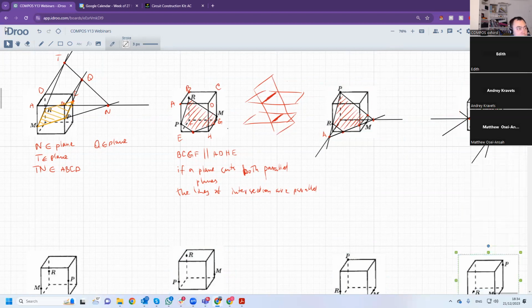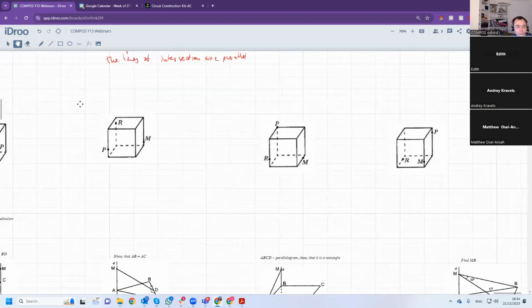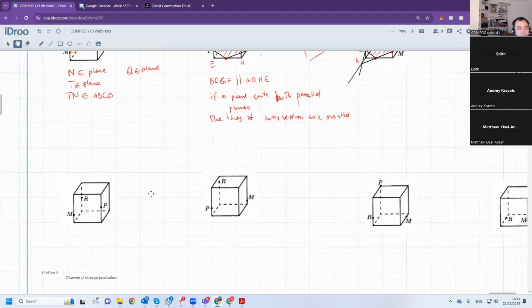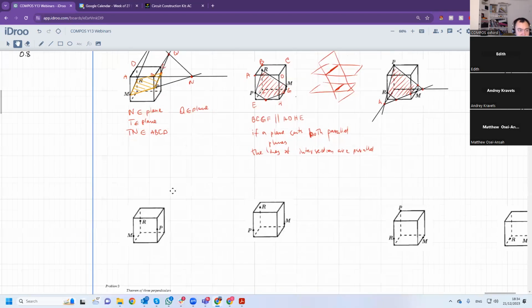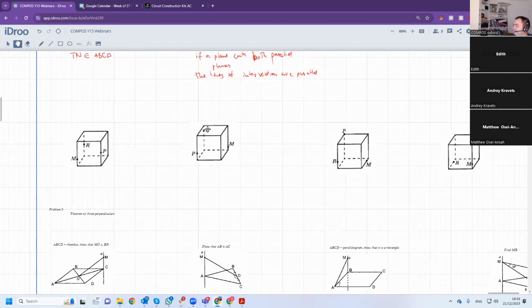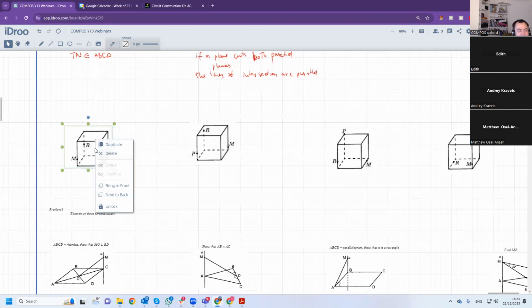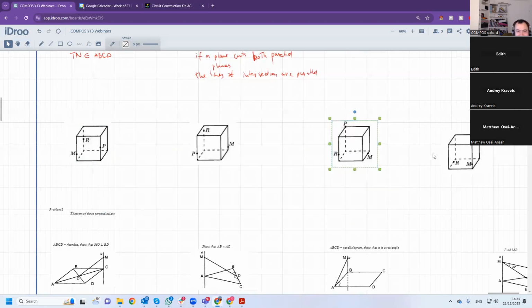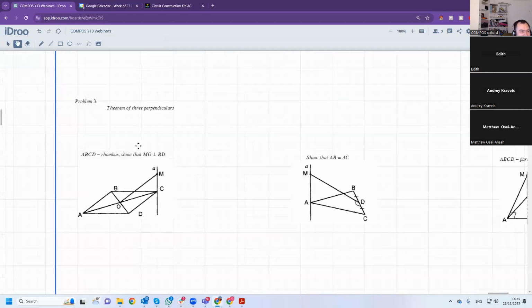Practice doing the same thing and make sure you get the same result as me. Okay. So please give it a go. This is a very important exercise for your 3D thinking. Okay, moving on.